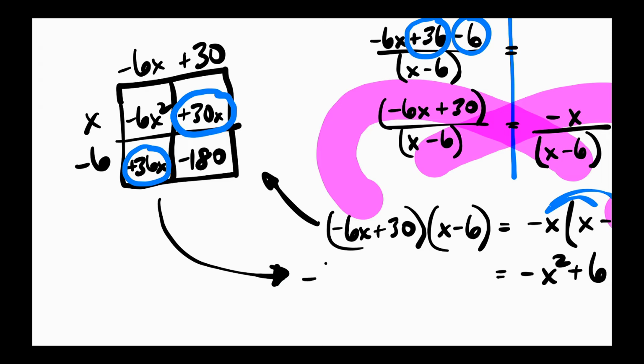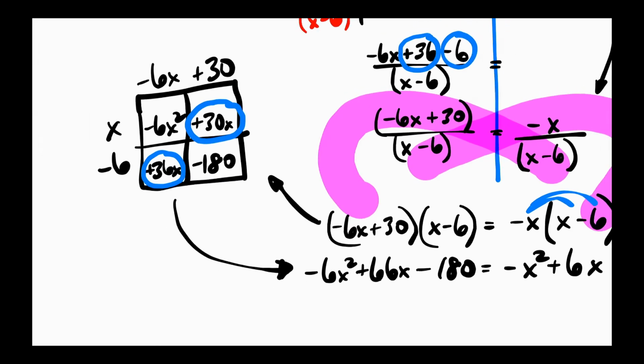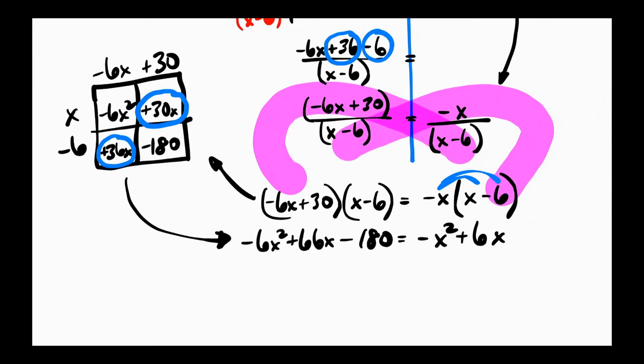So I have negative 6x squared, positive 66x, negative 180. So I'm simplifying this done. I did the multiplication box, I did distributive property, now I'm here. Okay, so now I have to solve it.